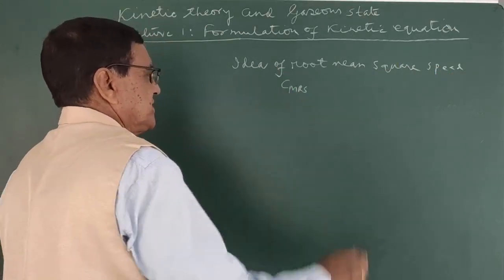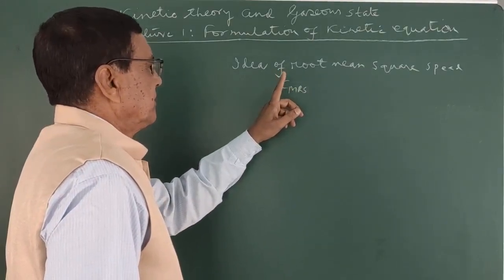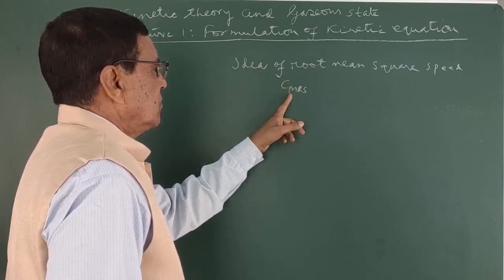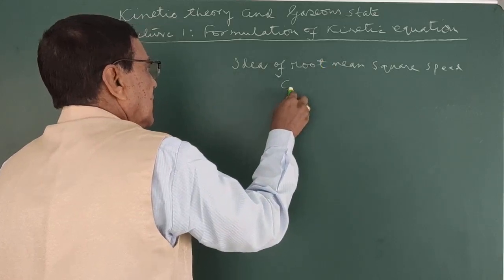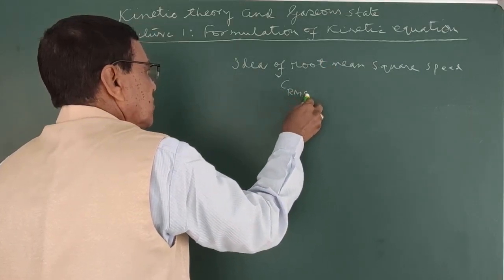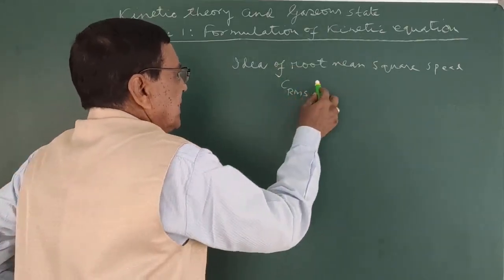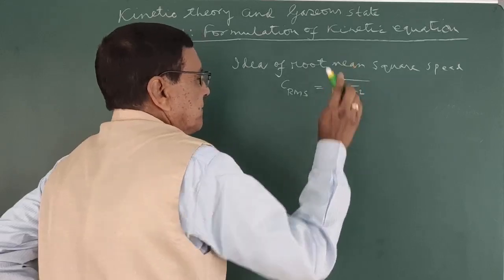We can write C RMS, root mean square speed. Mathematically it could be designated as root over C square bar.